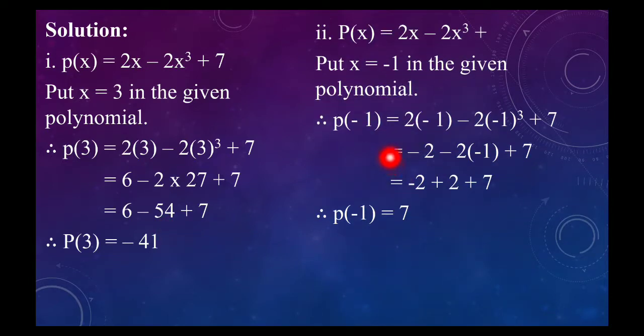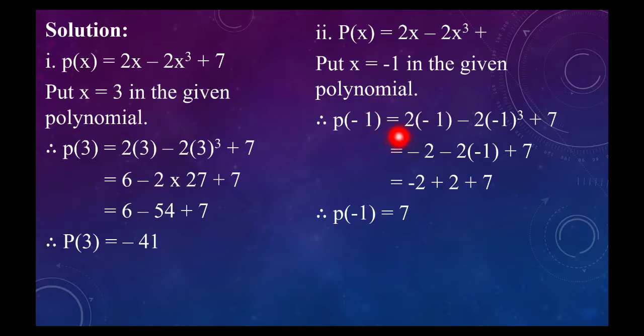The same way we are going to solve sub question 2. Okay. P of x is equal to 2x minus 2x cube plus 7. Put x is equal to minus 1 in the given polynomial. So the value of x is what? Minus 1.